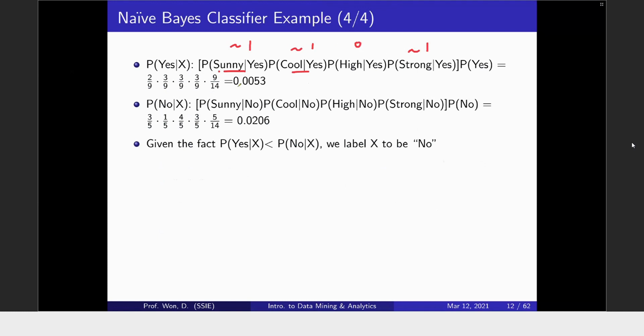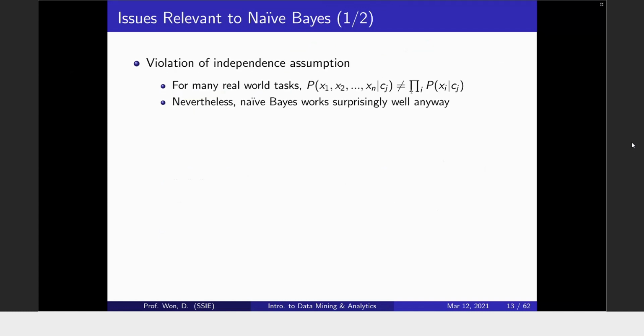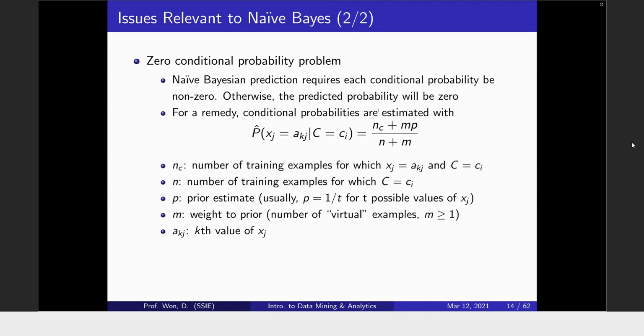Then this product is always zero, even if the other value is very low, for example 0.01. So our prediction is always going outside. No, why? Because this always ends up with zero. There is some problem. How can we handle this kind of situation? As a remedy, we can also think about it.